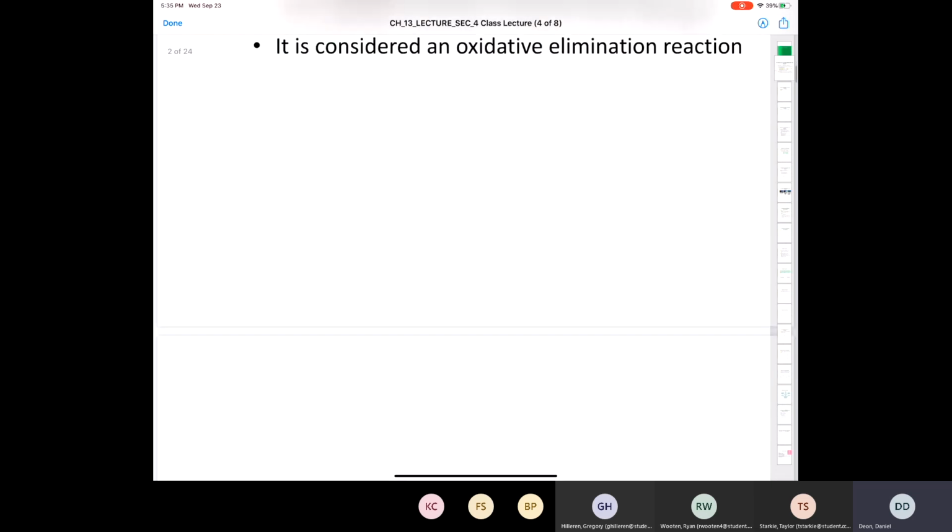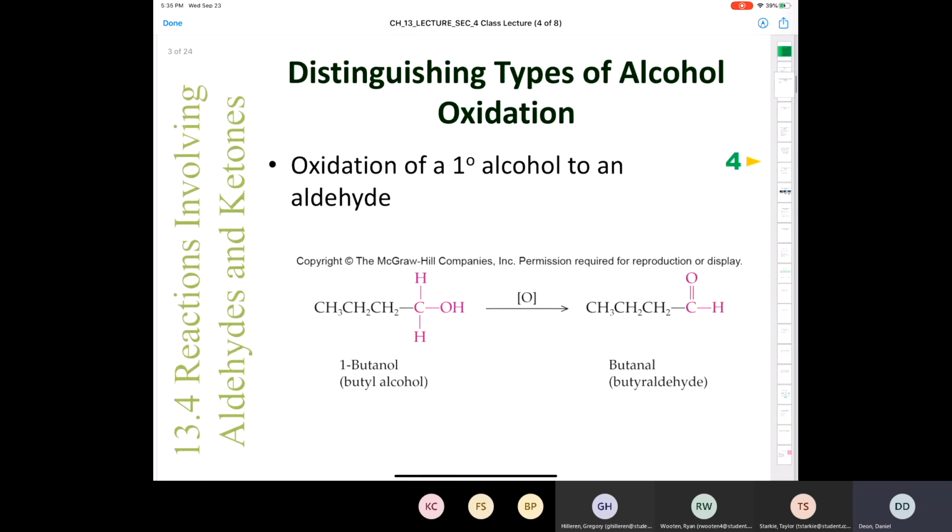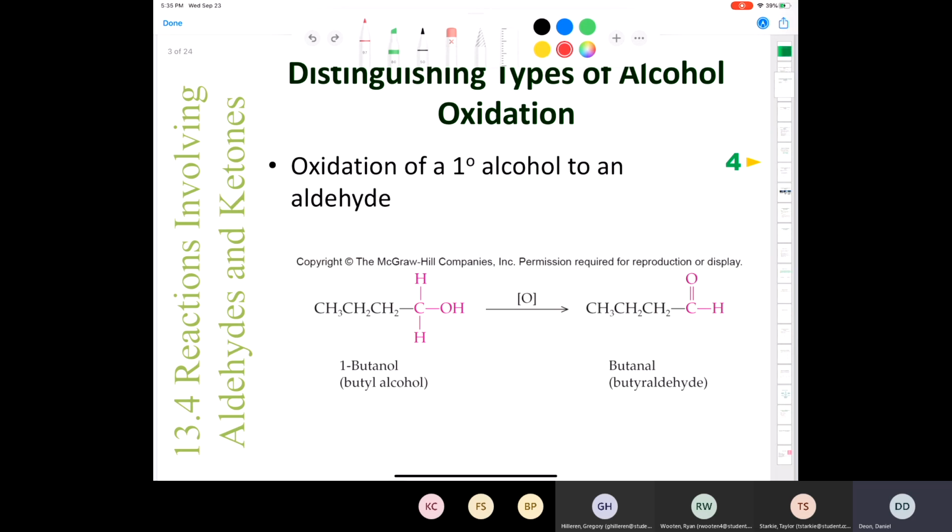Well, let's take a look here. It says distinguishing the types of alcohol oxidation. First of all, and this is something that we've already looked at in the class, so this should be semi-review to you, if not full review. If we take a primary alcohol and we oxidize it, we end up producing an aldehyde. And what did we lose during the process? We lost both of these hydrogen atoms.